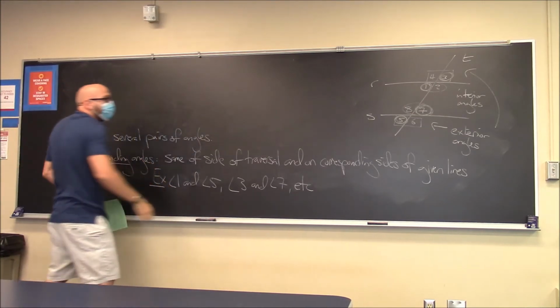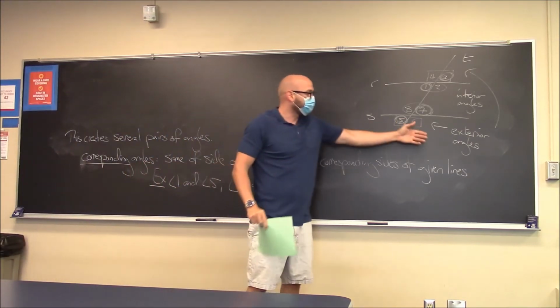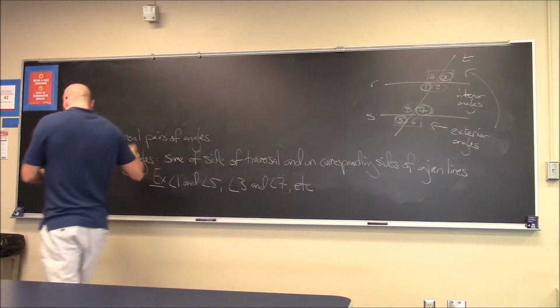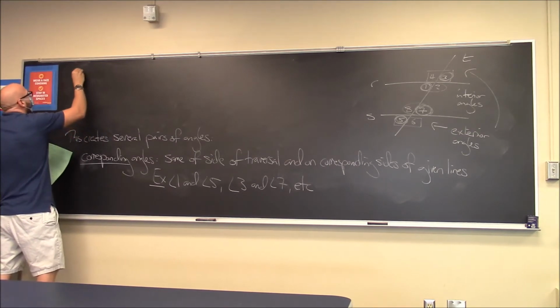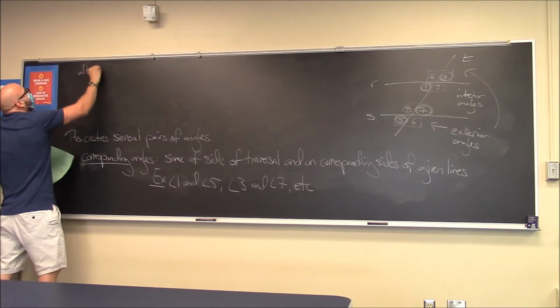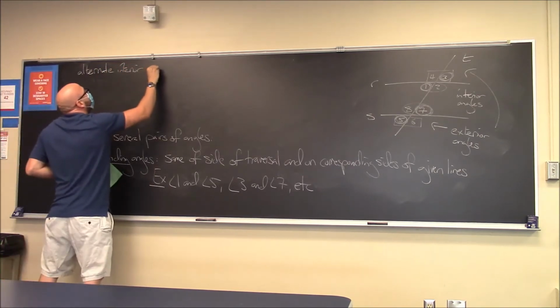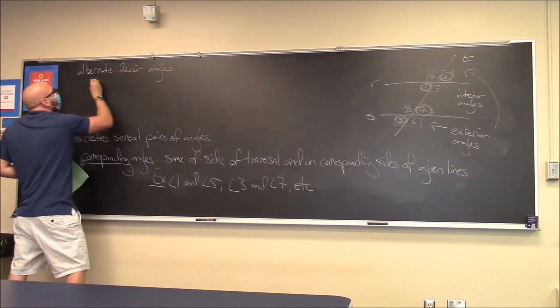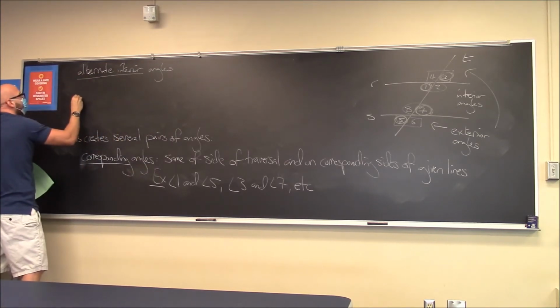Next up, we've got alternating angles, and these come in 2 different flavors, either interior alternating angles or exterior alternating angles. We usually write these as alternate interior angles and alternate exterior angles.